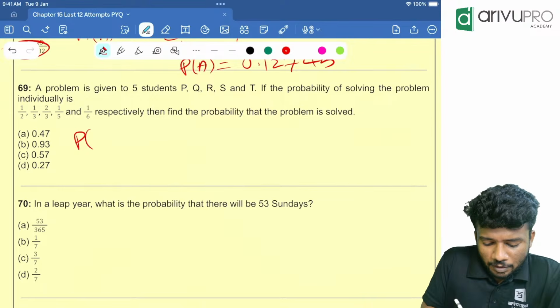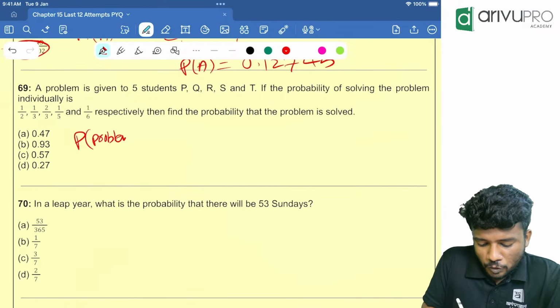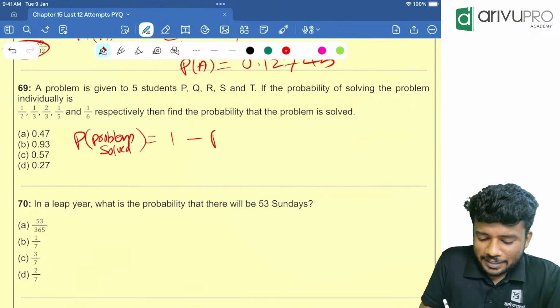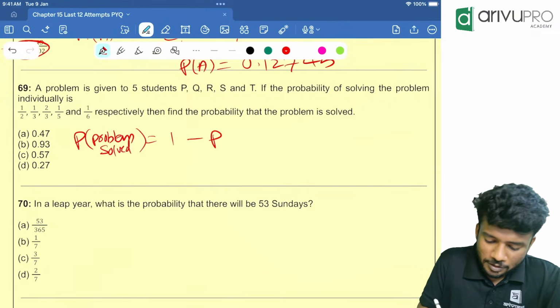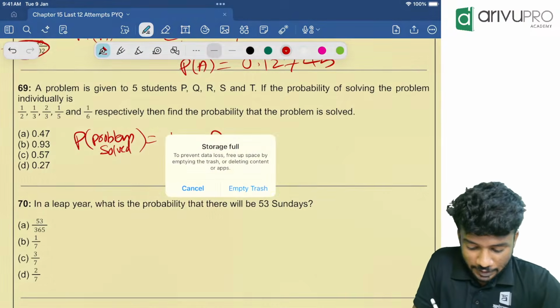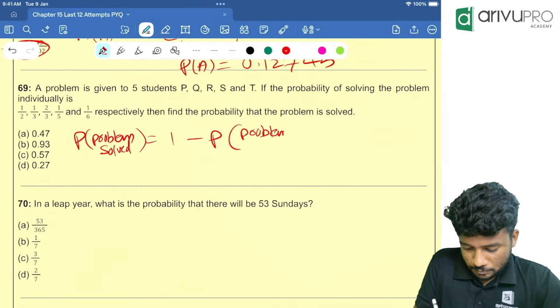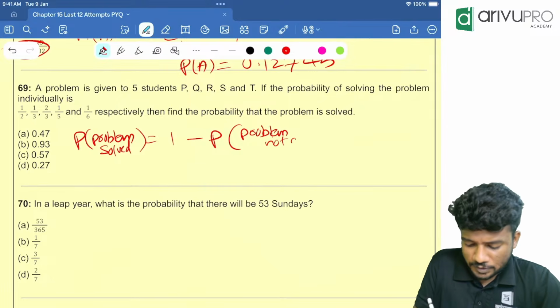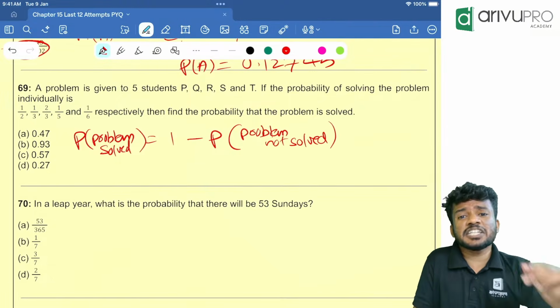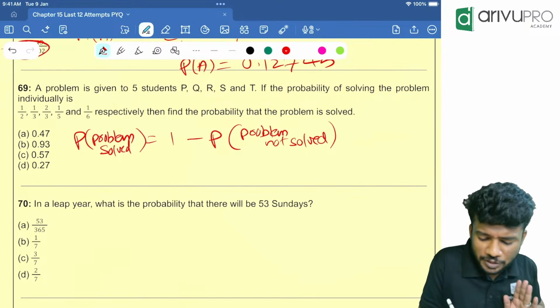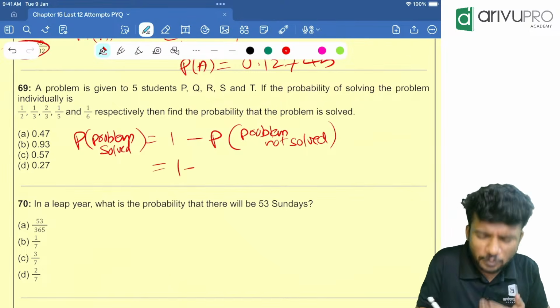P of problem solved is equal to 1 minus probability of problem not solved. Correct? So probability of problem not solved. That means each individual should not solve the question is the condition. Correct? 1 minus, all are independent events.